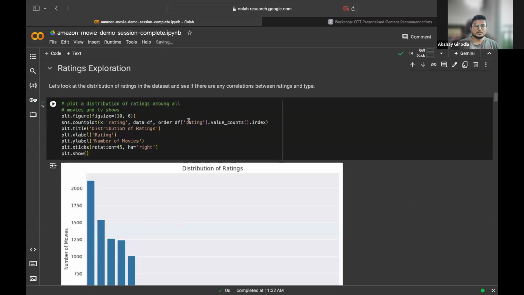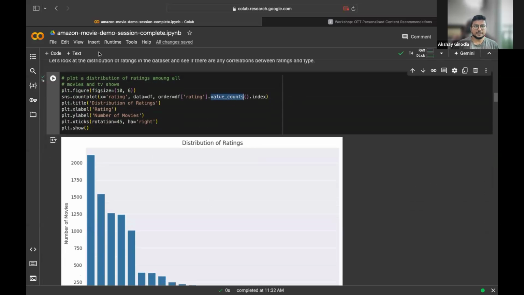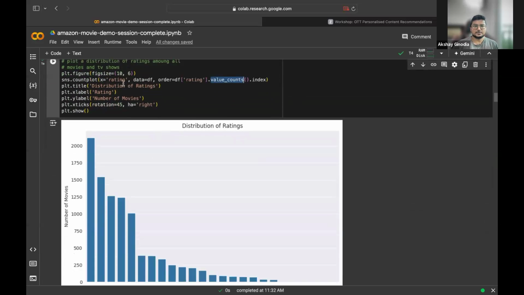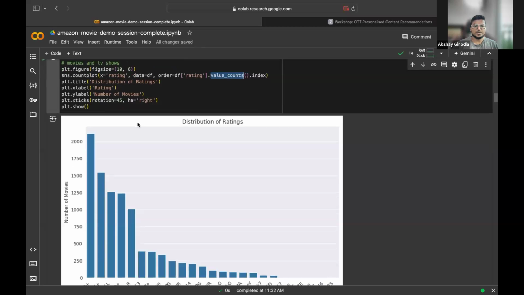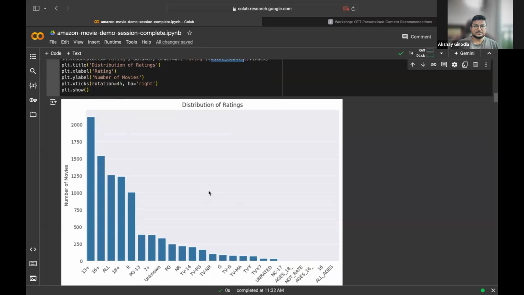Now let's take a look at the ratings, and we are going to keep using similar functions, which is value counts, that gives the distribution of ratings. And we are again going to use the same plotting library, which comes from something called matplotlib, and we are going to use some of the parameters to set title, X label, Y label, and so on, to represent the plot well.